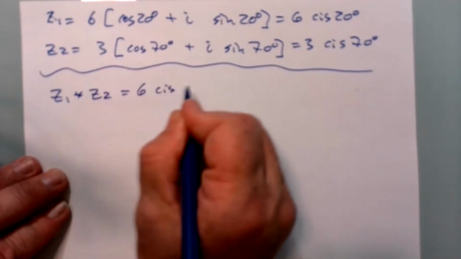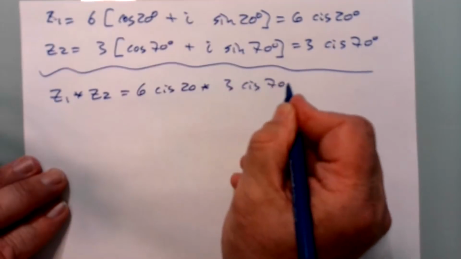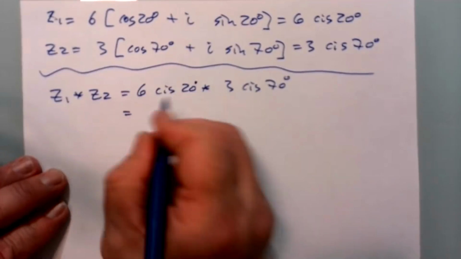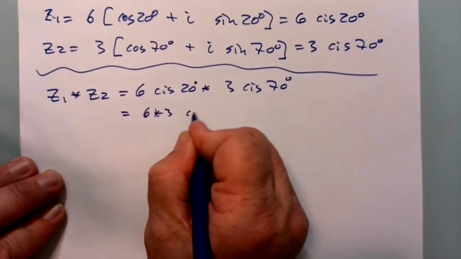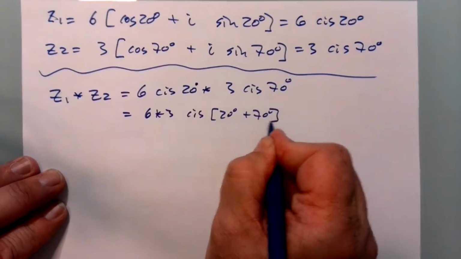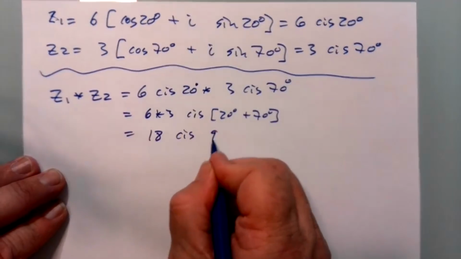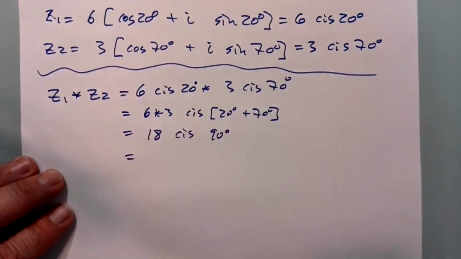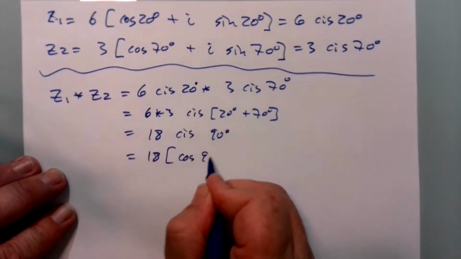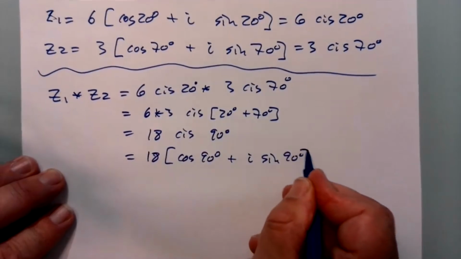So that is 6 cis 20 times 3 cis 70. You multiply the lengths and add the angles. So that's 6 times 3 cis 20 plus 70. So I get 18 cis 90 degrees, which is 18 cos 90 degrees plus I times the sine of 90 degrees.